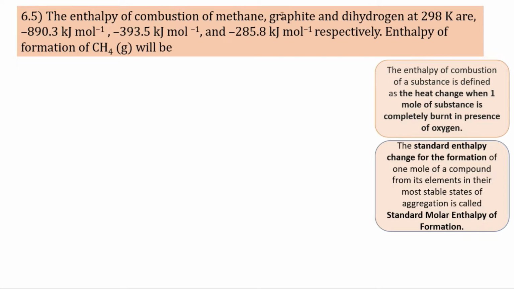Enthalpy of combustion of graphite is minus 393.5 kilojoule per mole, and last one, enthalpy of combustion of dihydrogen is minus 285.8 kilojoule per mole. Find enthalpy of formation of CH4.